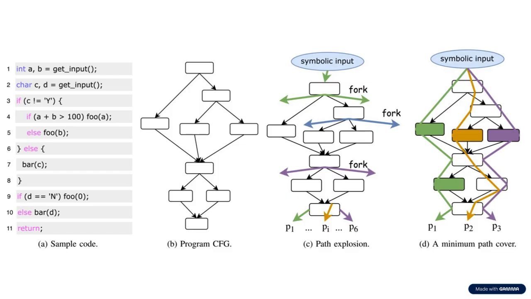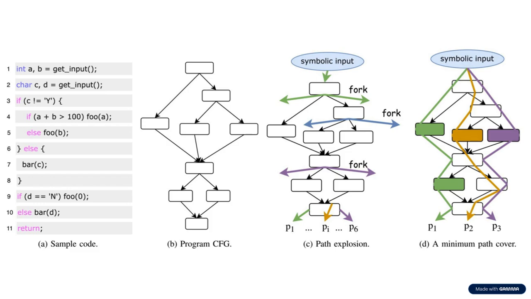After two branches, there are four. After three branches, there are eight. And it just keeps doubling. This is called state explosion. In small programs, this is pretty manageable. But when you get into more complex programs like the Linux kernel, which contains thousands of branches, loops, and state transitions, the number of possible execution paths grows exponentially and very immediately.